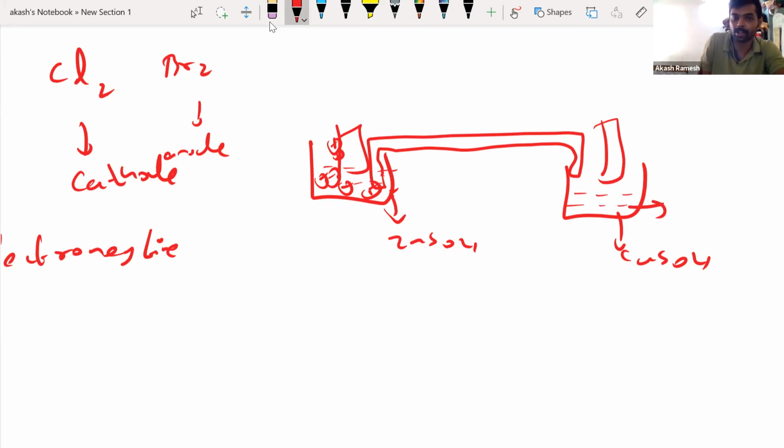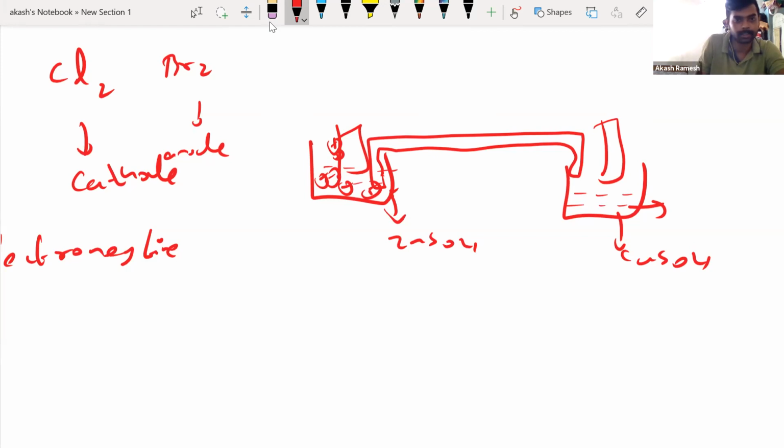So with accepting electrons, I am going to have copper 2 plus going to copper. Am I doing it correctly? One second. Zinc is losing electrons, so I would say more Zn2 plus ions are formed. So this would be positive.